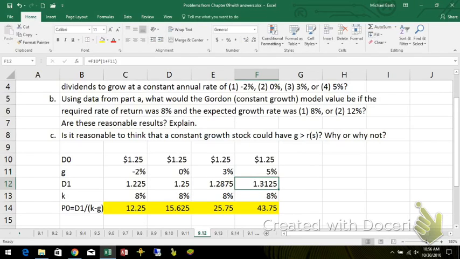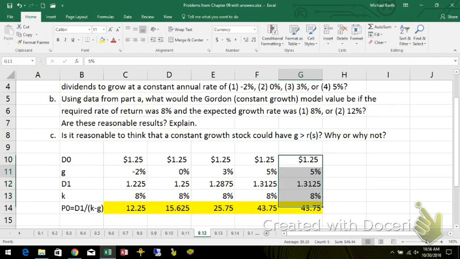Part B, using data from part A, what would the Gordon constant growth model value be if the required rate of return was 8% and the growth rate was 8%? It's not defined. Let's put 8% in there and see what happens.